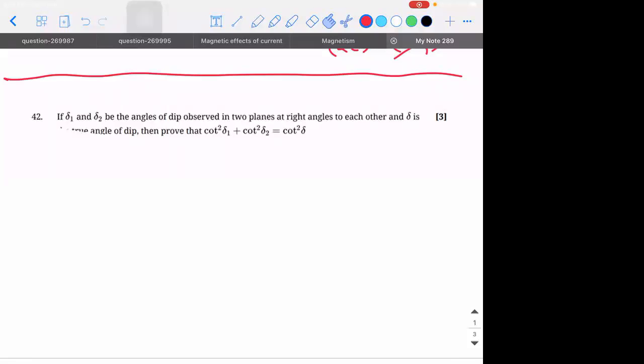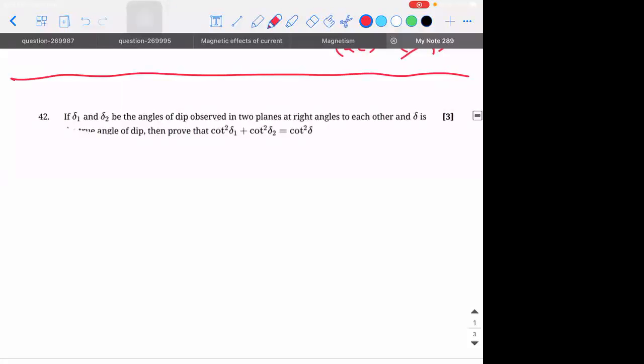So there are two planes which are perpendicular to each other. If two planes are perpendicular to each other, then how are their axes going to be? So axis of 1, axis of 2.